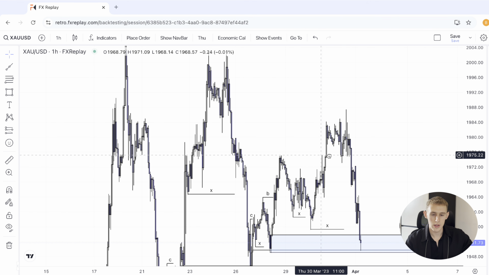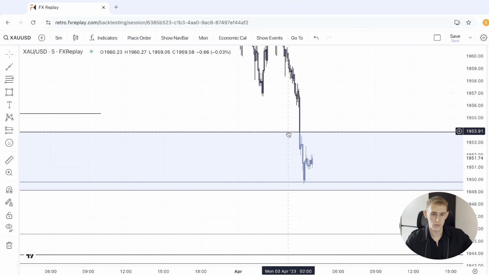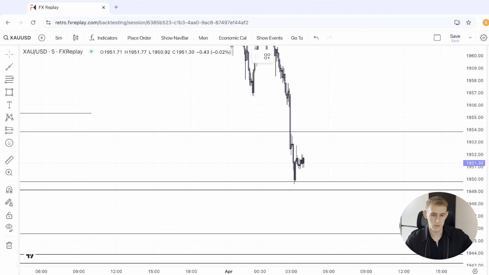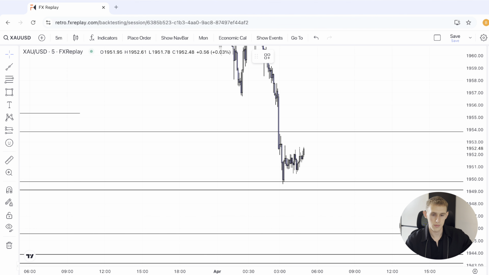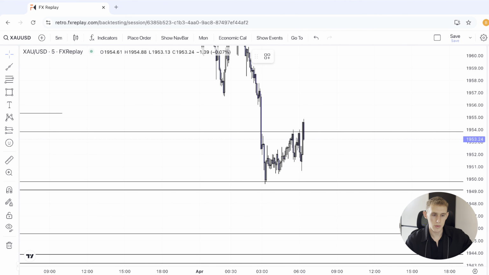Let's have a look. 5 minute again for confirmations. I need to see this structure broken. Cool, so there we go. That structure was broken, and I'm just going to do market execution just there.